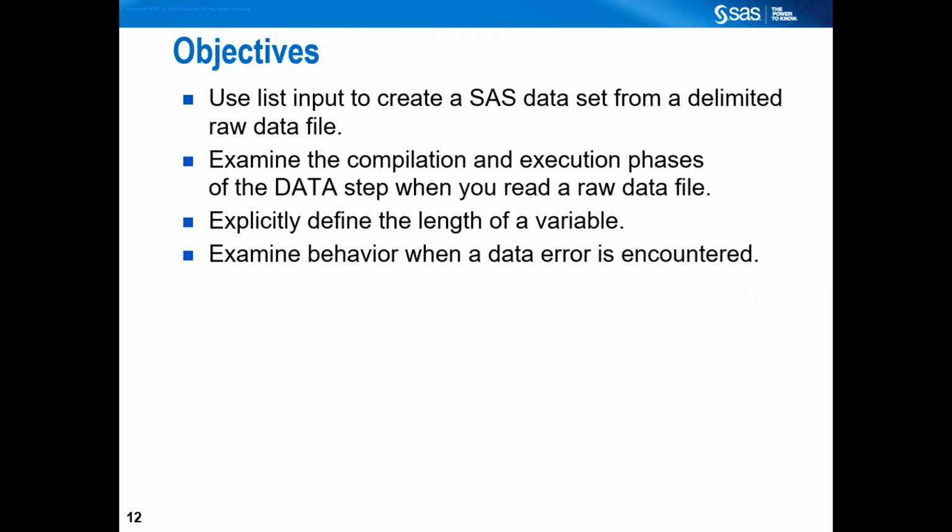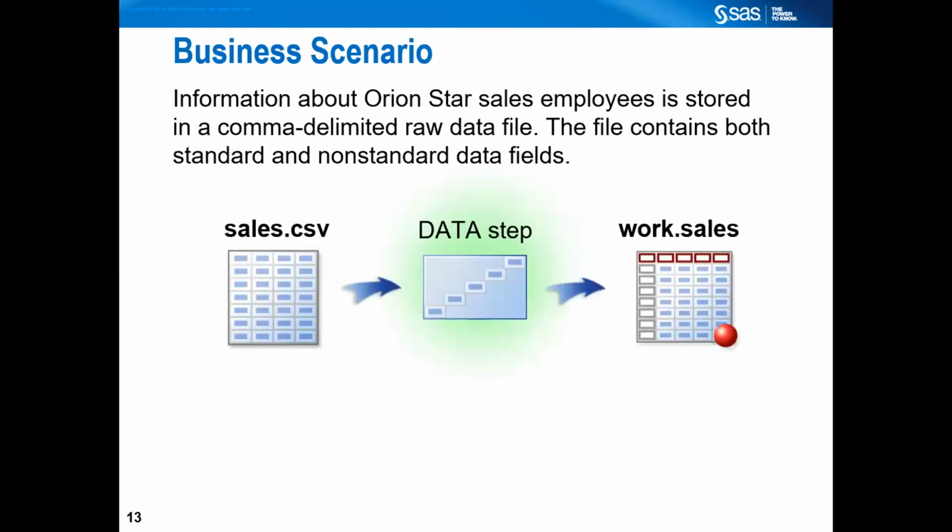We'll examine how SAS creates a data set while reading a raw data file, looking into the compilation and execution phases. We'll see how we can explicitly define the length. And of course, we'll examine the behavior when a data error is encountered. So the scenario here is that we have to read a sales.csv file for the sales department.